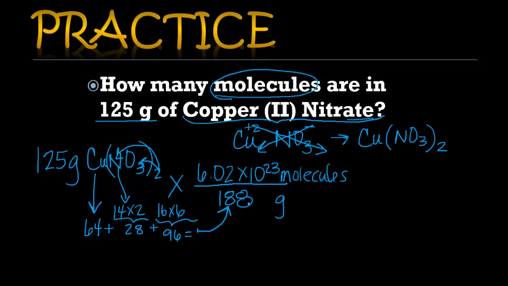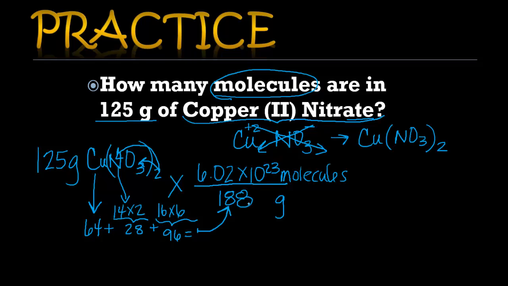So now when we do this, we're going to take 125, we're going to multiply it by 6.02, and remember you can use that EE button for your times 10 to the 23rd. Remember, when you use your EE button, you take out the times 10 and you substitute it with the EE. So it would be 6.02, your EE button, and then 23.